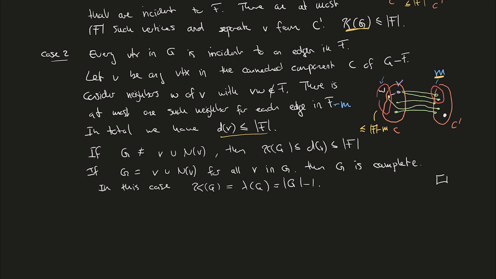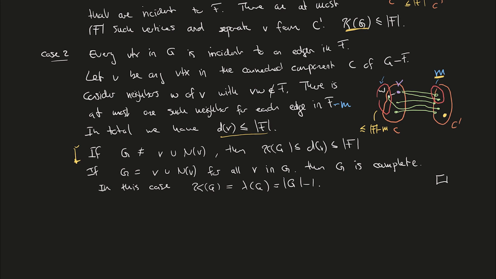And now we try to disconnect the graph by removing the neighborhood of V. This is only possible if there's some other vertex in our graph G that is not part of the neighborhood. Otherwise, we'd just remove all the neighbors of V, and we're left with V, and a single vertex graph is connected.